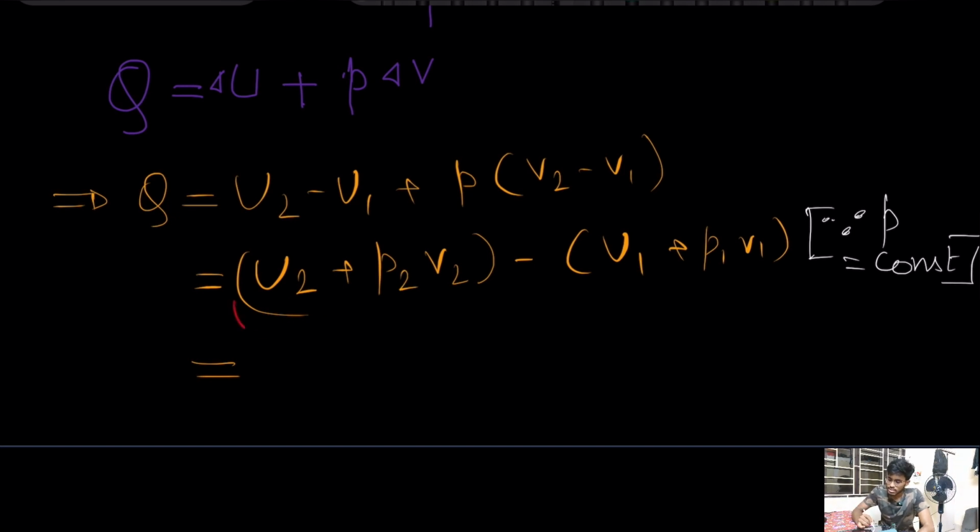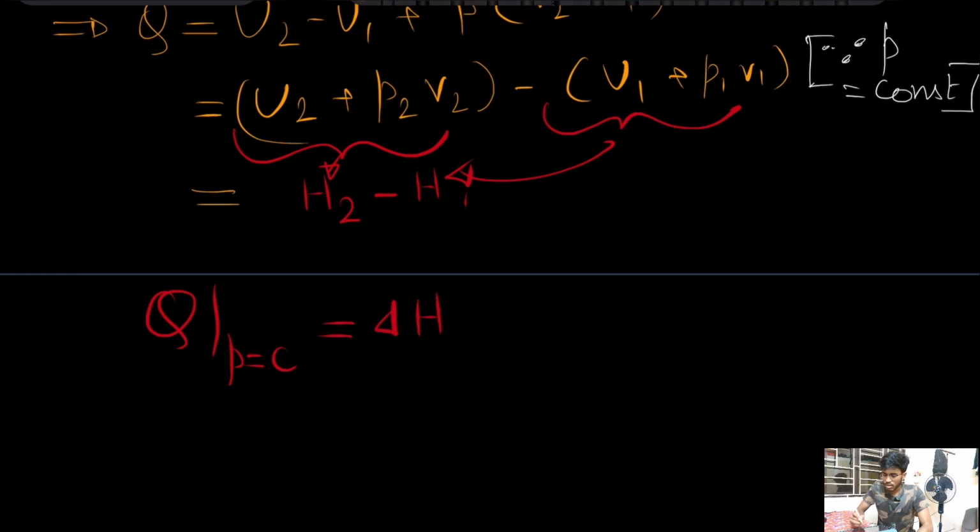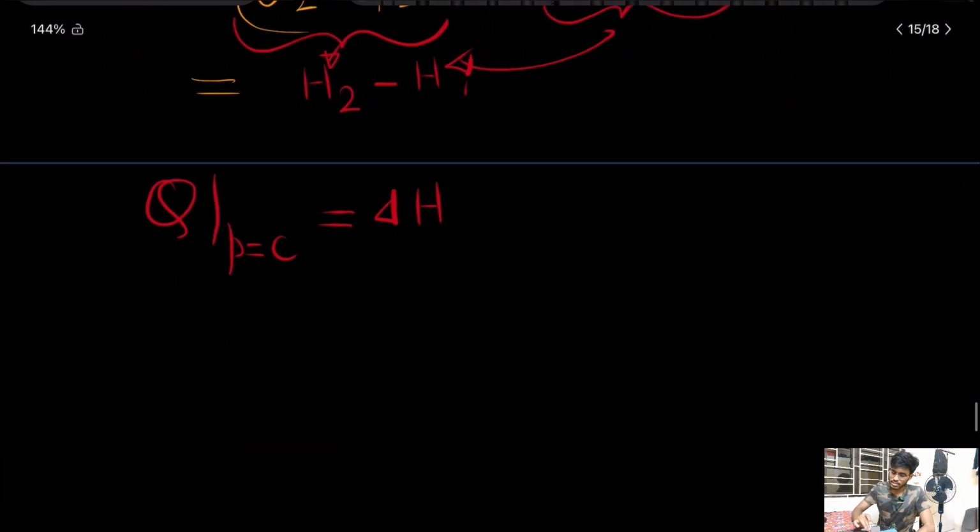So this is equal to a new property, that is H2 minus H1, and this is called the enthalpy. So for a constant pressure process this Q becomes delta H, right.